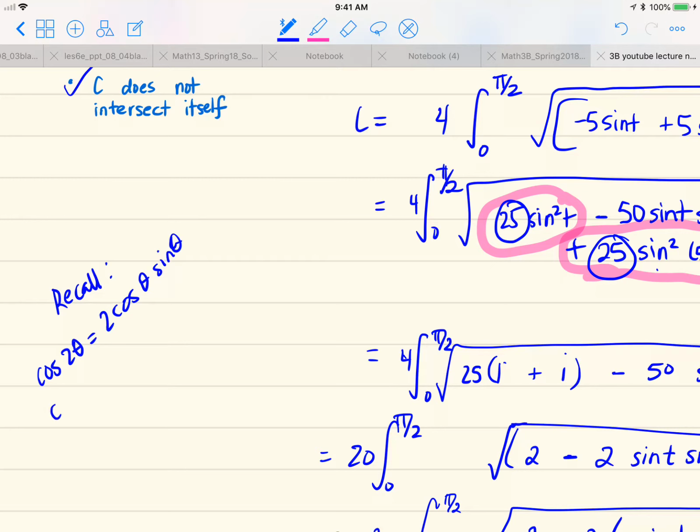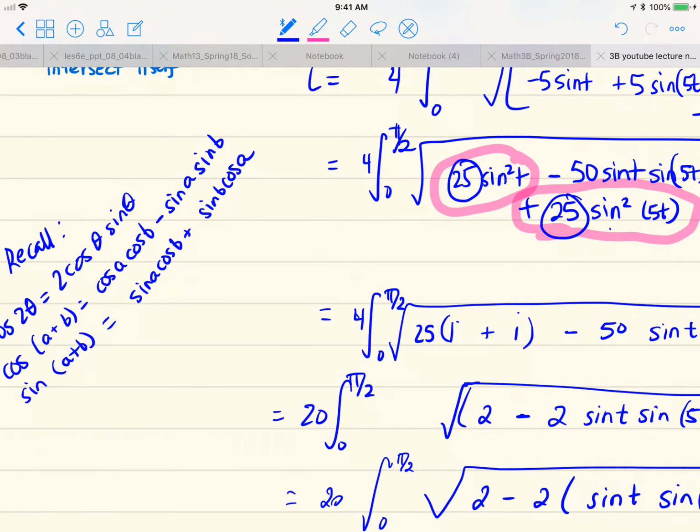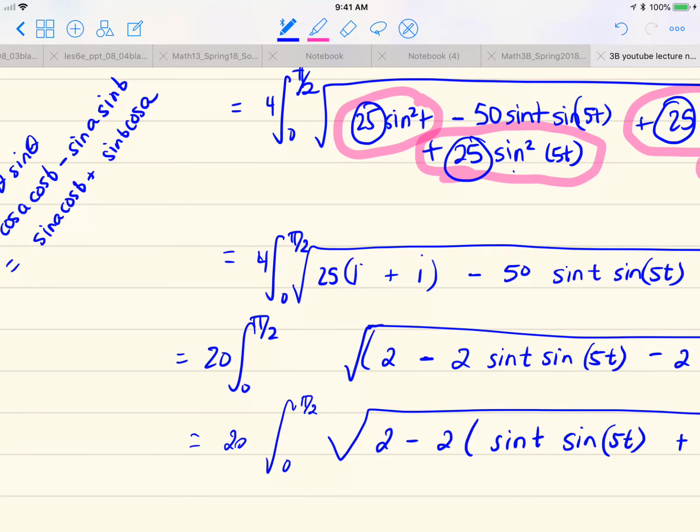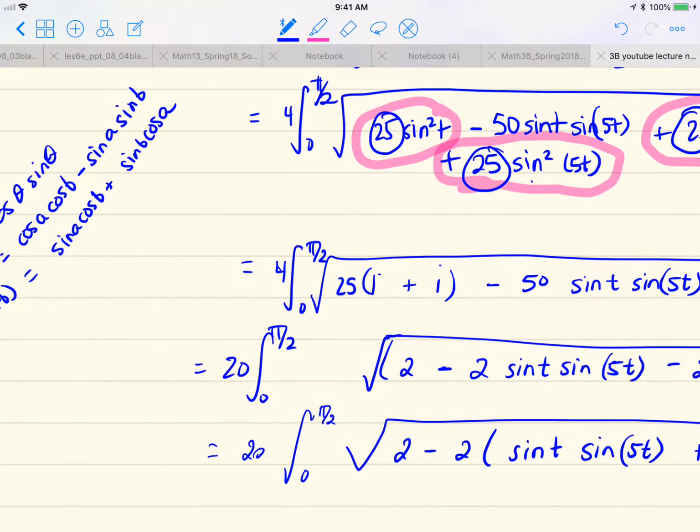What about cosine of a plus b? That should be cosine a cosine b minus sine a sine b, and then sine of a plus b is sine a cosine b plus sine b cosine a. Okay, what do we have here? So we've got sine and cosine together.